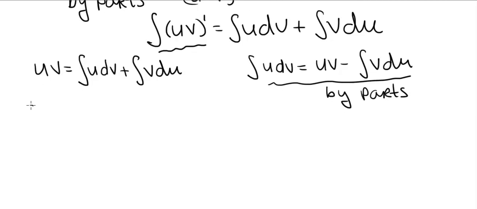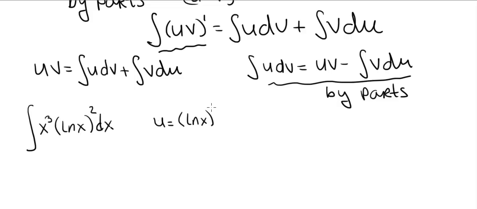So let's bring in our integral, that is x cubed times the ln of x quantity squared. The rule of thumb, which doesn't always work but works most of the time, is that if you have a natural log involved in an integral and we're using integration by parts, let u be the natural log part. In this case, it's ln of x quantity squared. And let dv be the rest, which is x cubed dx.